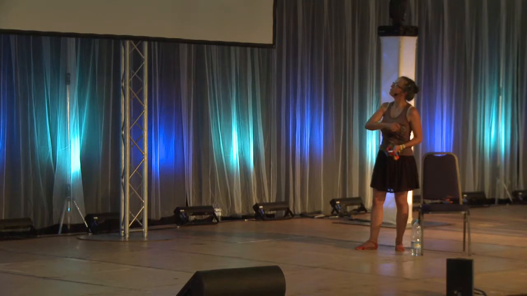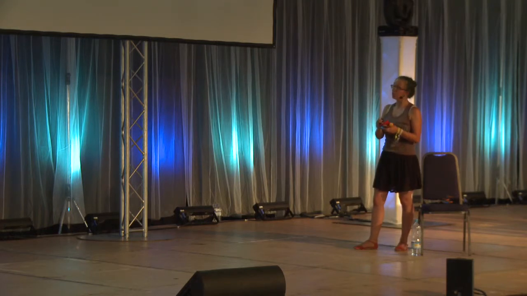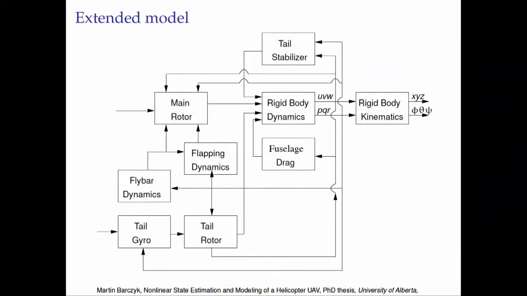And you can also add all the stuff like the tail stabilizer, so something small like that, or Bell-Hiller stabilizer, the flybar, so you can make it arbitrarily complex. But it's just a model, so add as much complexity as you want and as good as you need it.